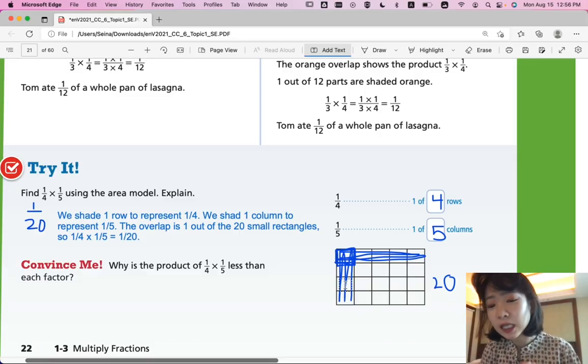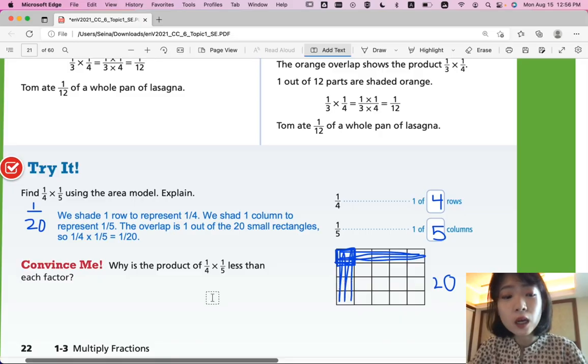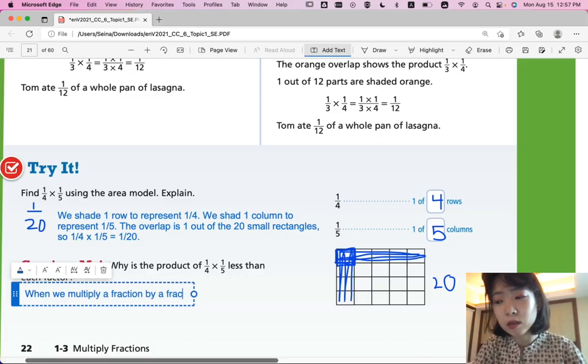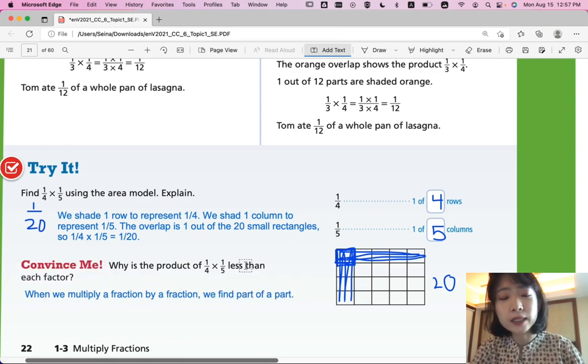So it just makes sense that it doesn't get bigger, right? So we can say that when we multiply a fraction by a fraction, we find part of a part. So it only makes sense that the answer gets smaller, not bigger.